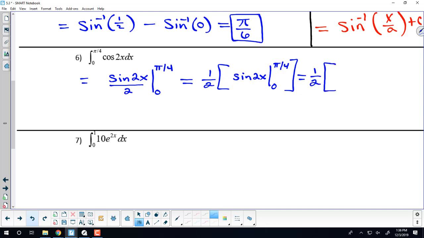So we have 1/2, then we have the sine of 2x evaluated at pi over 4. So sine of 2 times pi over 4 minus sine of 0, or 2 times 0.